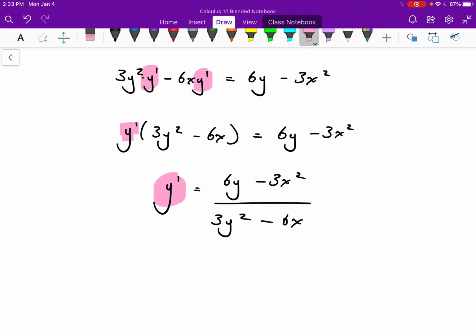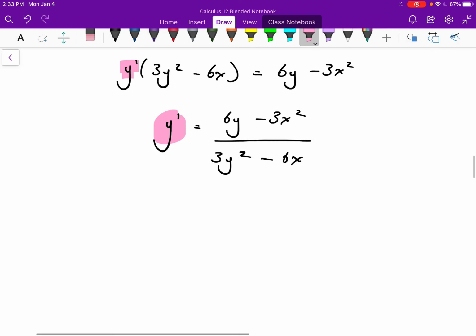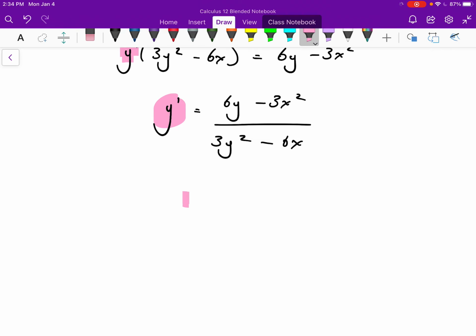Which is great. That's it. It's also pretty easy for me to notice that every single term can be divided by 3. So I might as well do that. And so a slightly simpler form is this.